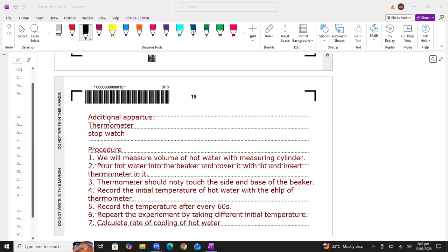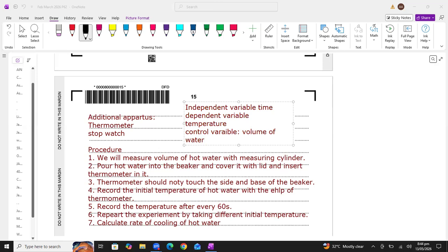In this question, we have mentioned the additional apparatus. We have mentioned the independent variable, dependent variable, and control variable. As I told you, independent variable is time, dependent variable is temperature, and the control or constant variable is volume of water, and what should be the next one, students?